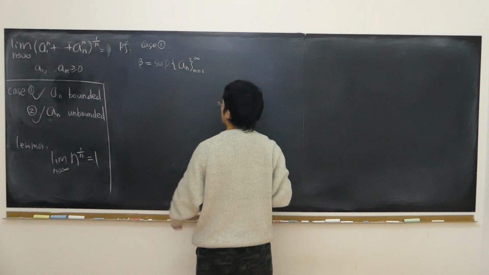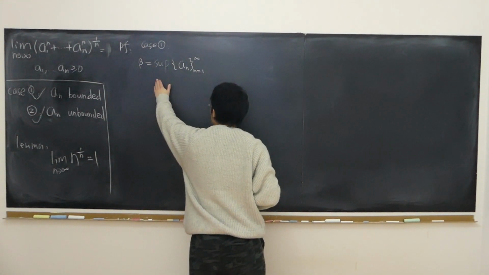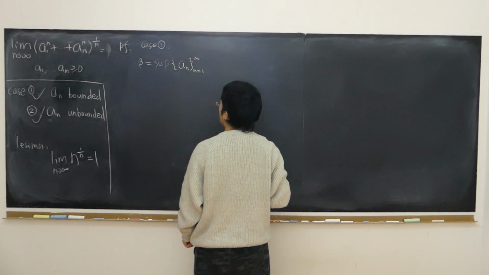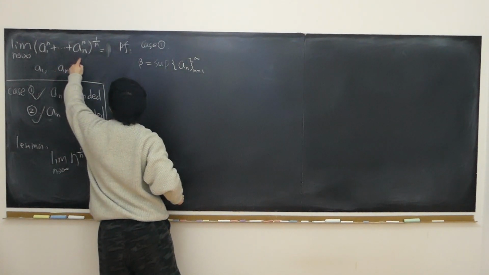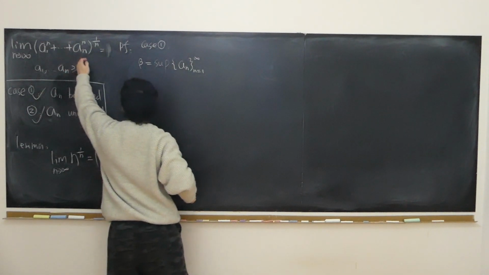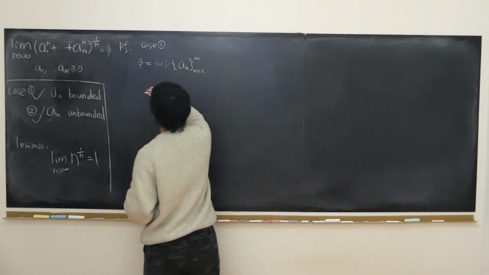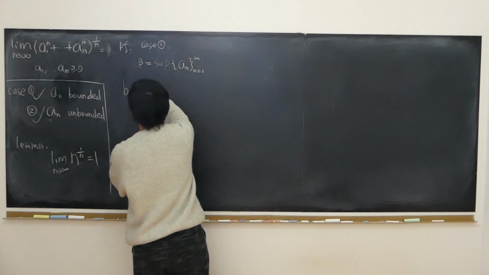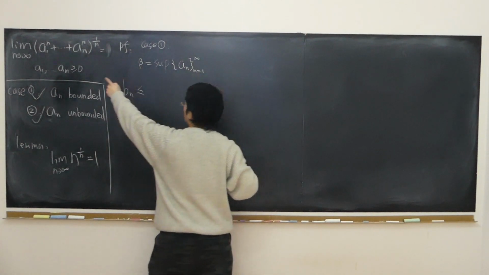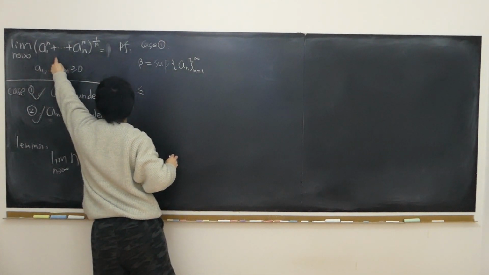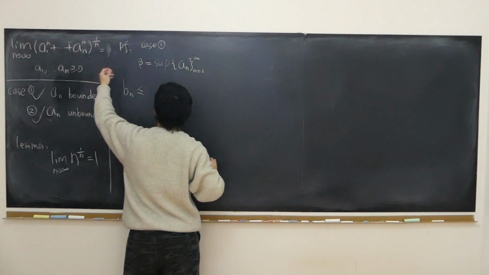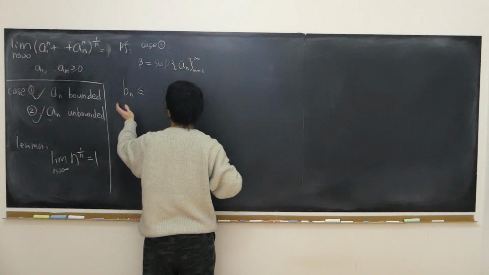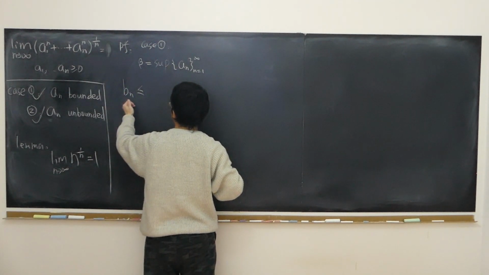I'm going to claim that the limit is actually equal to beta. Here's why. First of all, I'm going to denote (a1 to the power n all the way up to an to the power n) raised to the power of 1 over n as bn, just to be convenient. Then bn is less than or equal to what we get by replacing every single term with beta, because none of these terms is larger than beta. That way I can enlarge this expression.